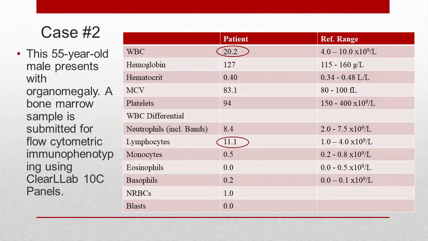He has an elevated white count, he has a lymphocytosis, he has a little bit lower hemoglobin, but it's still normal. He's got a normal hematocrit. His platelet counts are a little bit low. So we have both of these samples, and we used the ClearLab system to look at the profile of both of these patients.